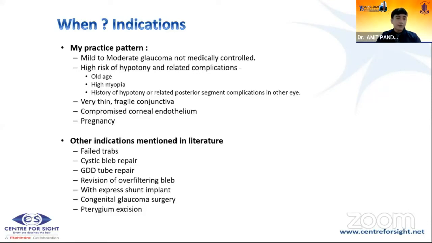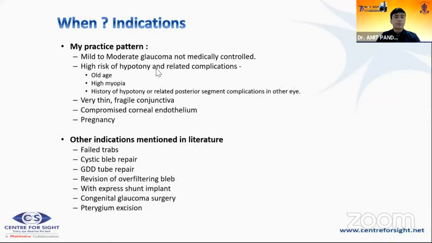Patients with thin, fragile conjunctivas where you don't want to use antifibrotics, compromised corneal endothelium, as we know mitomycin is endotheliotoxic, and in the rare cases where you would operate on a pregnant lady, as MMC is contraindicated, we can use Ologen. There are other indications also mentioned in the literature.